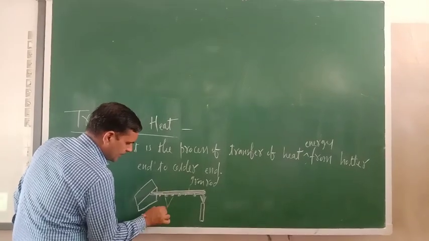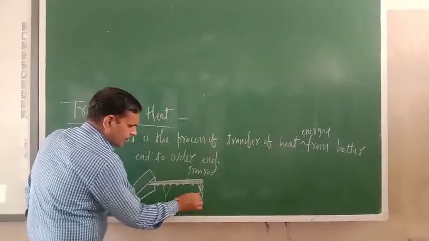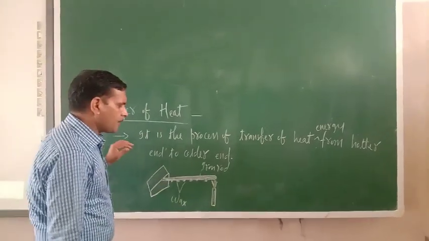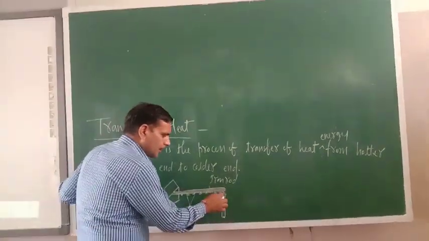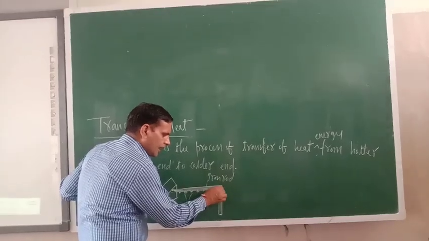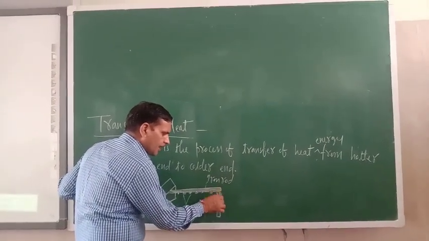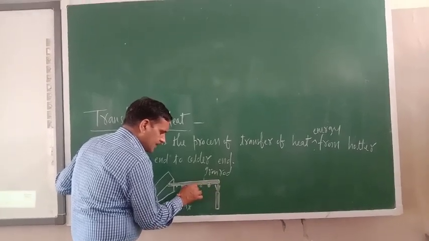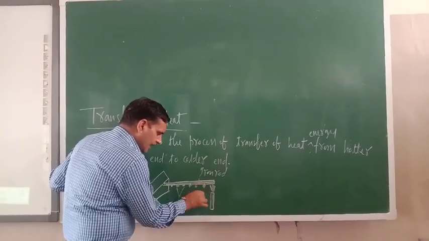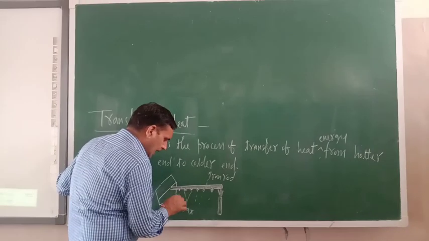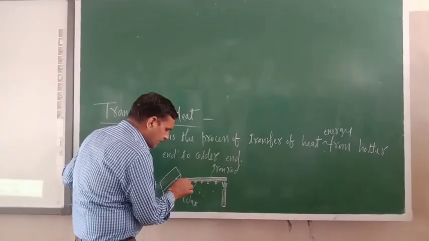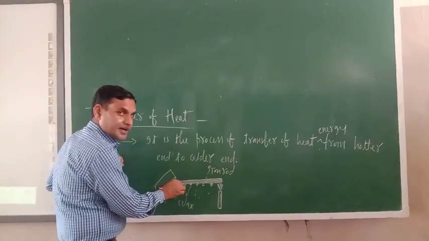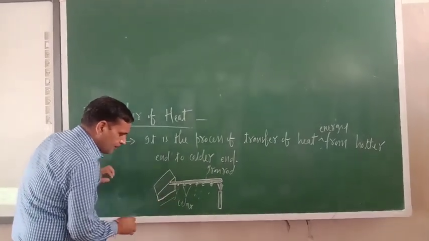Now here you put one burning candle towards one end of the iron rod. After 4-5 minutes, slowly and slowly what you will see is that the wax, even at the last end of the rod, will start melting.